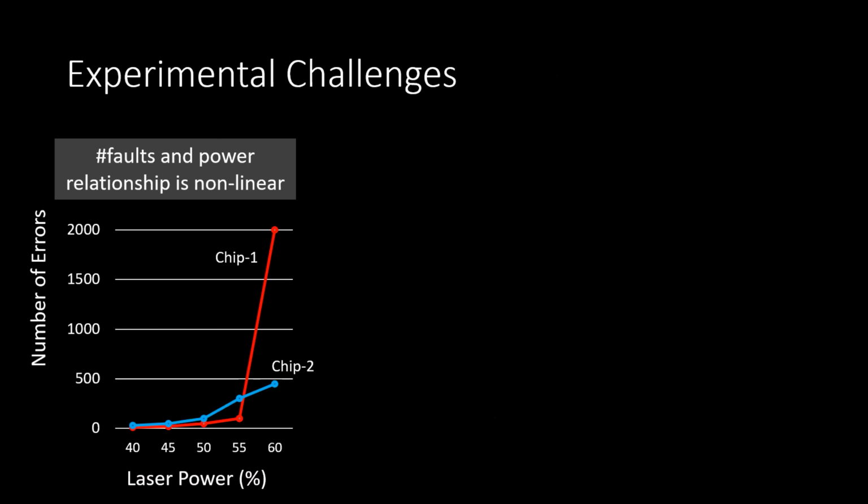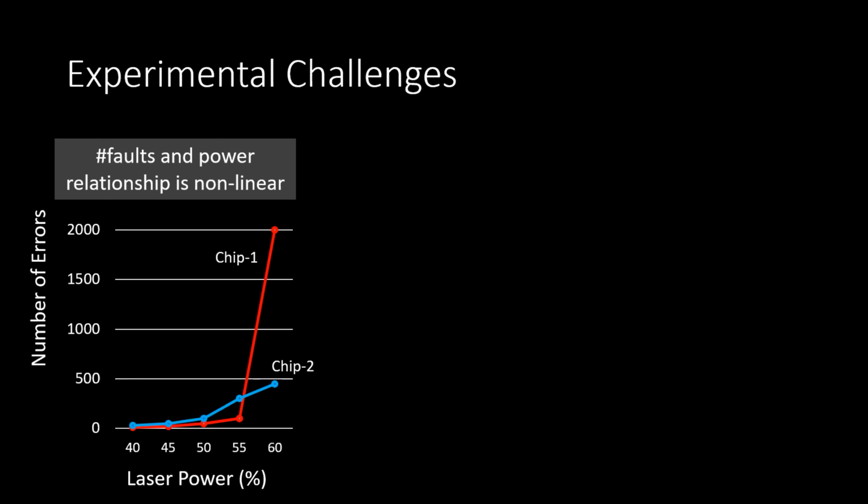One of the challenges is that the relationship between the number of faults and power is nonlinear and chip dependent. So you need to tune the laser power based on the chip that you have. There is one chip where the number of errors increases significantly after 55% power. The x-axis here is the laser power that you're using, and the y-axis is the number of errors that you see in one experiment.